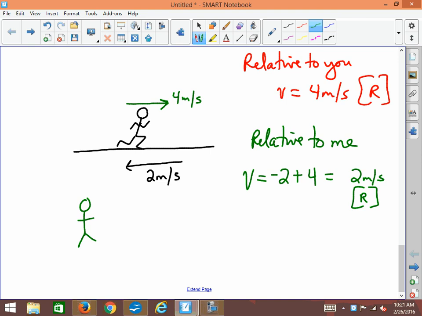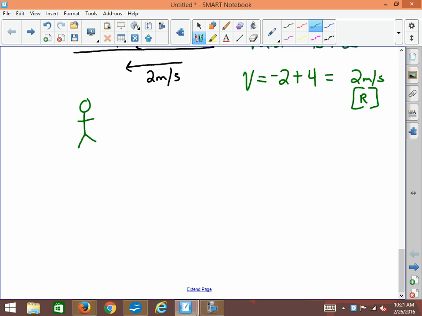So you see how it's 2 different answers. And you can see how this can be quite confusing. And so that's the idea of relative velocity. Another common place where relative velocity shows up is when you are moving in the water.